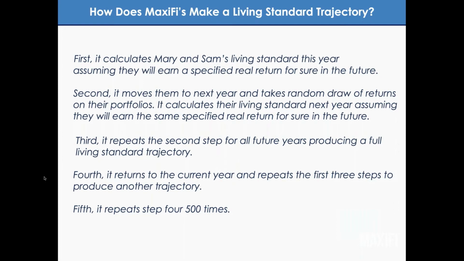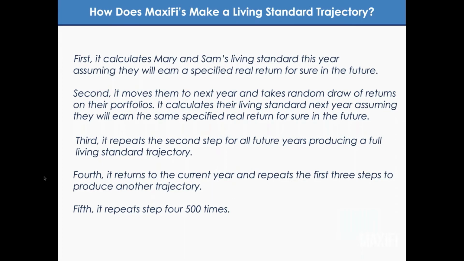Anyway, here they are a year older. It's 2021. We've taken the random draw. We know how much they spent in 2020. We know what earnings they earned because they told us about that in their inputs. We know what return they're receiving on their assets because we just drew those returns.